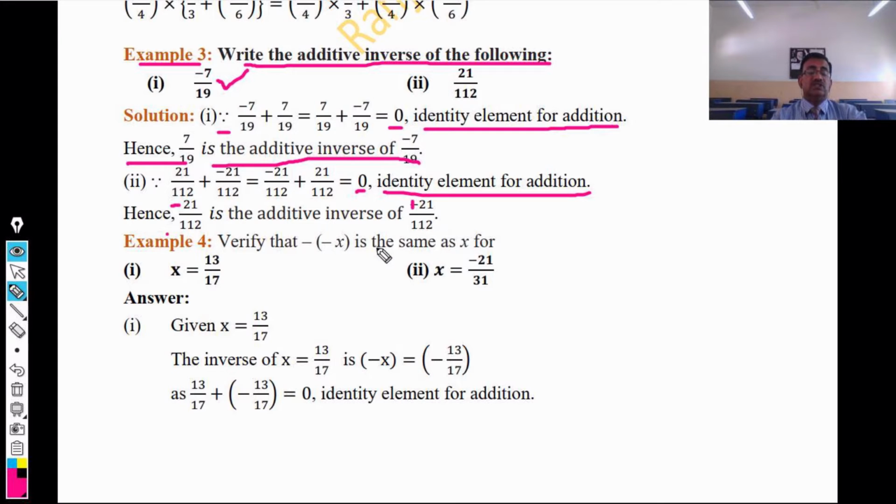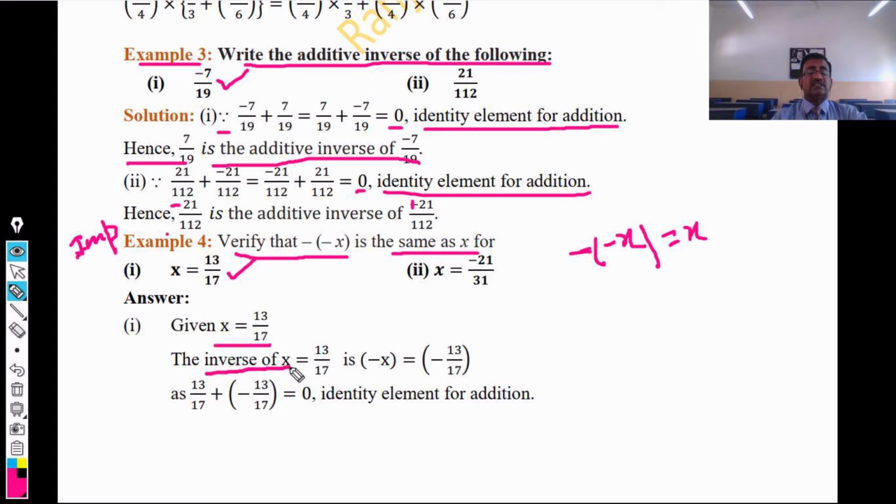Now, this is the important part, example number 4. This is saying verify that minus of minus x is x. Let us solve. Given x equal to 13 by 17.